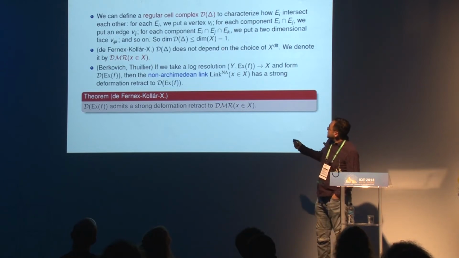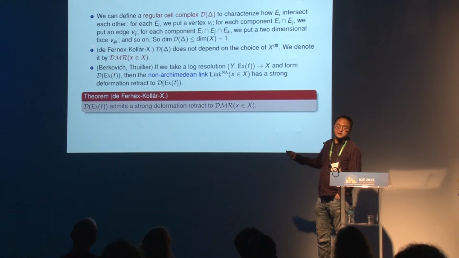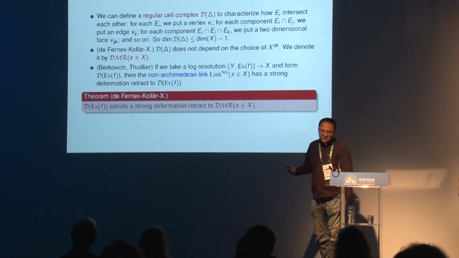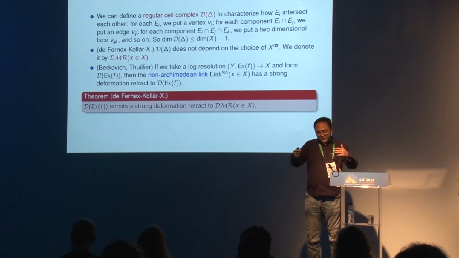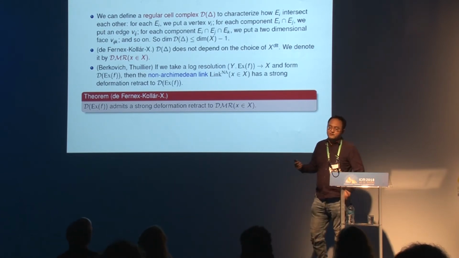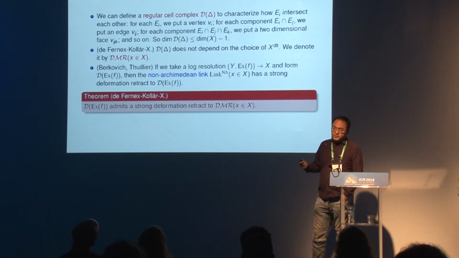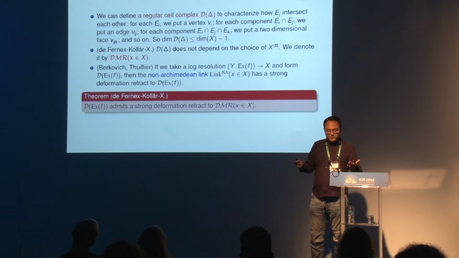I can take a local resolution and define this dual complex for this resolution. But the disadvantage is that if I define it that way, it's not unique up to homeomorphism. Actually, people can prove it's unique up to homotopy. But it's not a homeomorphism invariant. It's only a homotopy invariant.